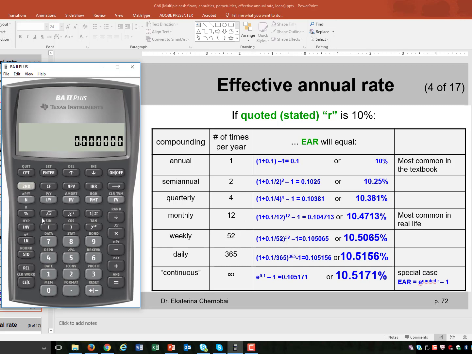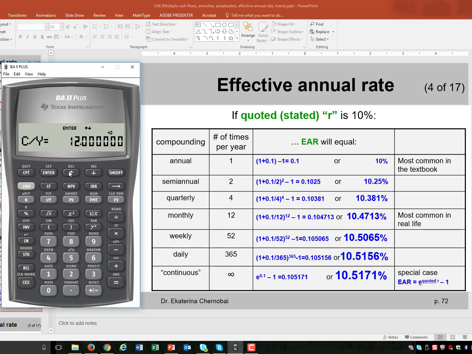In the financial calculator, you convert using the following steps. Second, 2. What's the nominal rate? That's the one that's given, 10%. You press 10, enter. Then either up or down arrow key. Keep pressing. Stop when you see compounding per year, C over Y. You want to change it to 12 times a year. 12, enter.